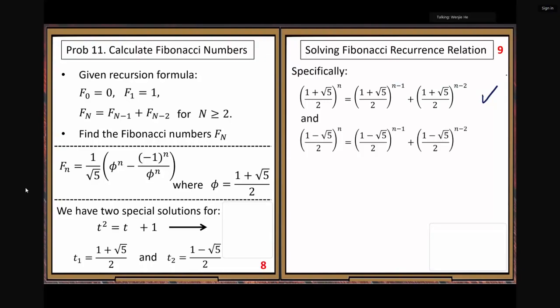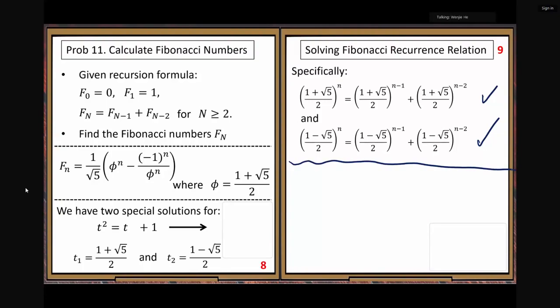Then we plug in the second solution, T2, the recurrence relation is also satisfied. We have nice progress here. We have two special solutions.